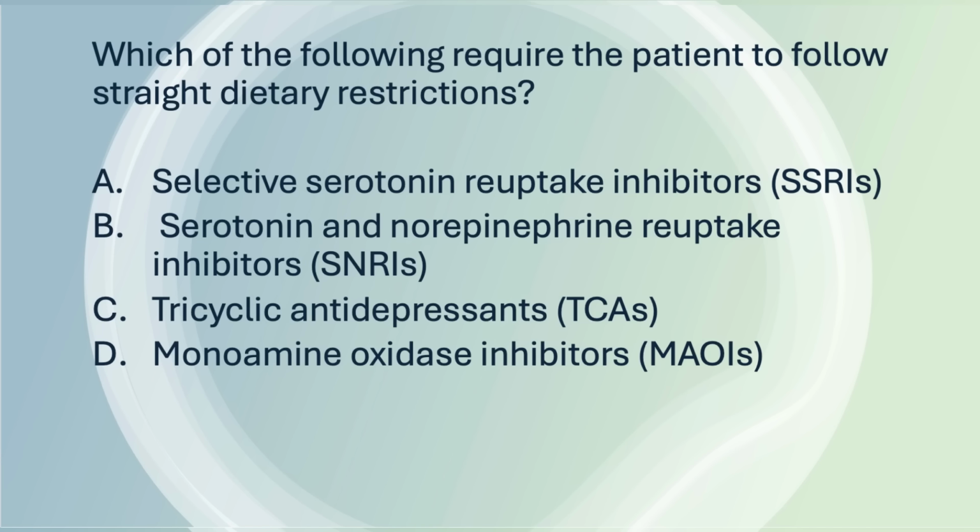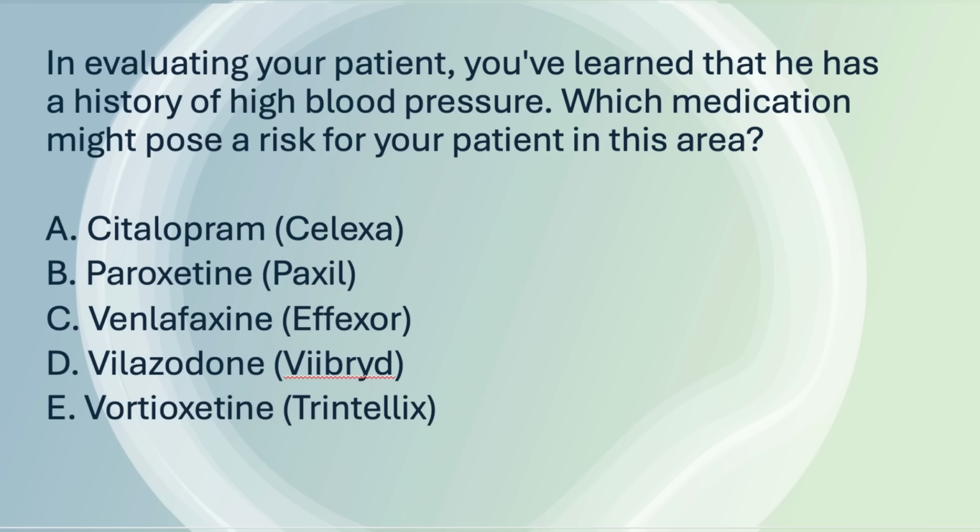Give you a moment to think. And what's the answer? MAOIs. And why is that? Because there's so many food restrictions, and we're going to talk about what those food restrictions are later on in this presentation.